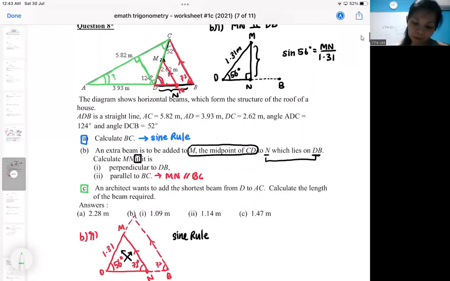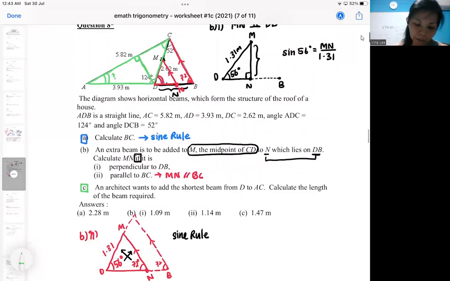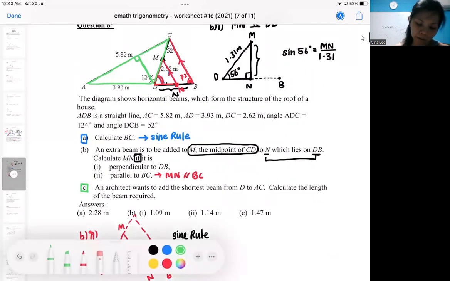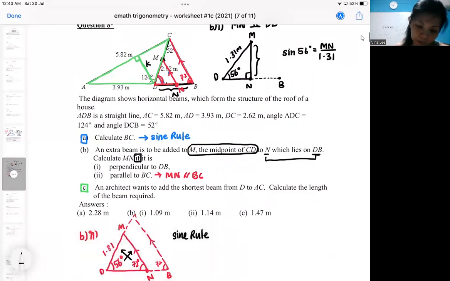But if it's not available, then we will do it by the area method. So I'm going to do it by the area method. So this is the shortest distance. I'm going to let the shortest distance be K. So I'm going to formulate an area, half times base times height.